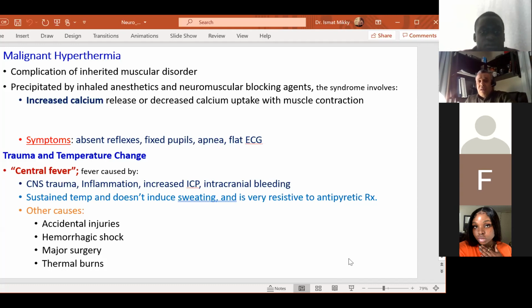So the malignant hyperthermia doesn't affect all people, but there are specific causes, and I listed some of them here. There is also, in addition to what we have, accidental injuries, hemorrhagic shock or major surgery. There is a muscle relaxant usually used during intubation and surgical procedures in the OR.